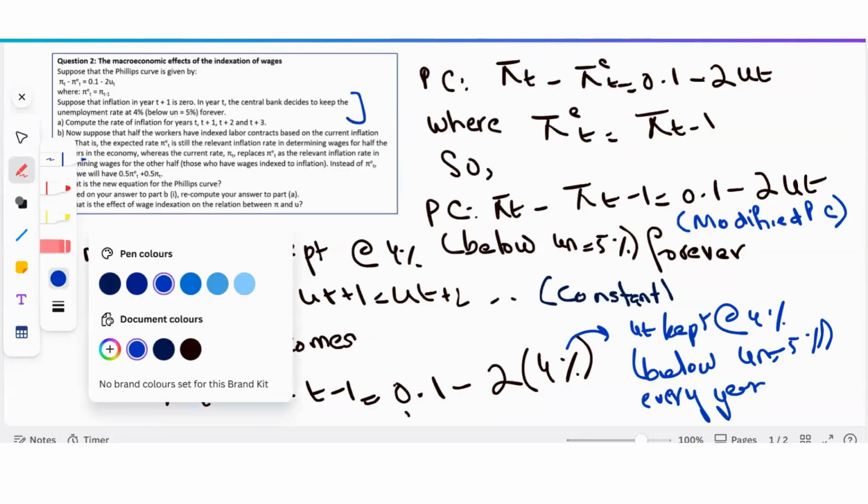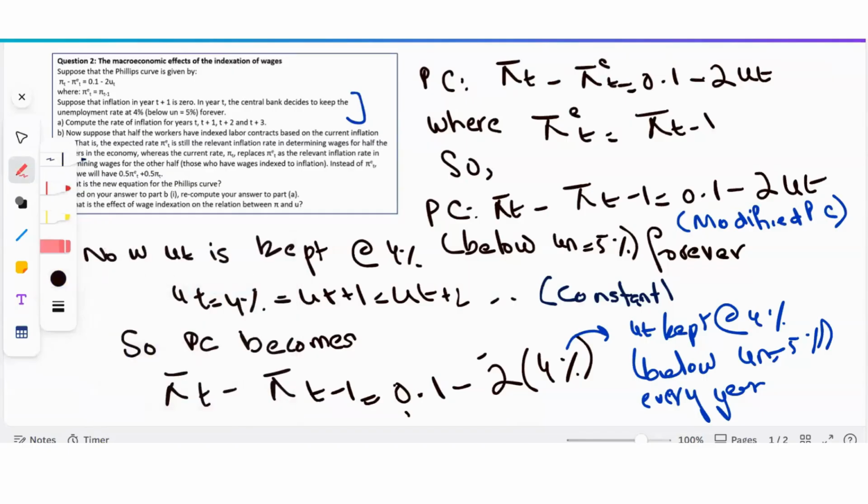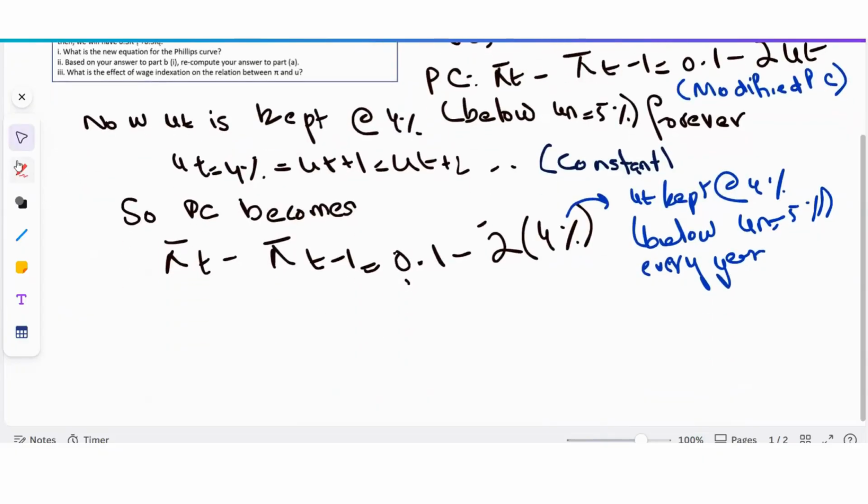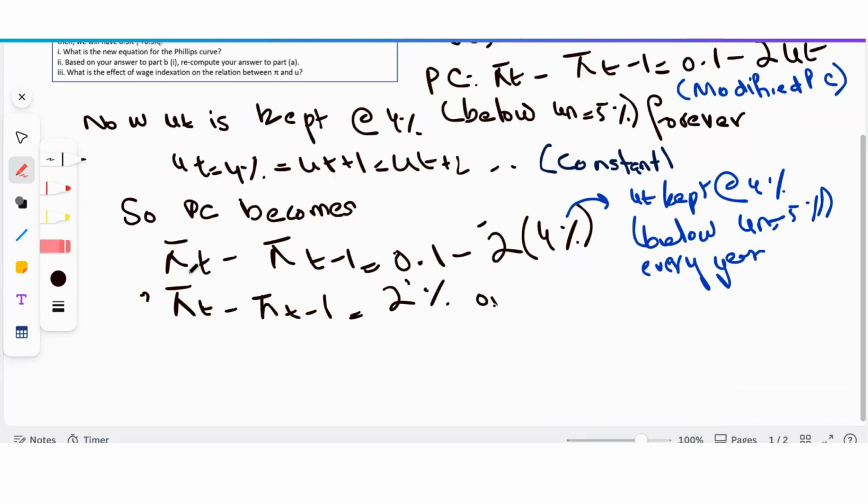So now if we look at this, going back to the Phillips curve, we can write this as pi t minus pi t minus 1 is equal to 2%, or I can write this as pi t is equal to pi t minus 1 plus 2%.